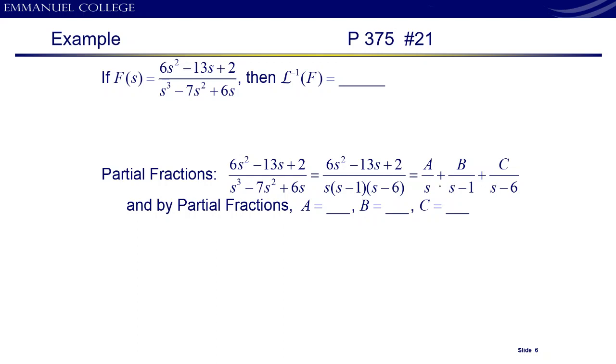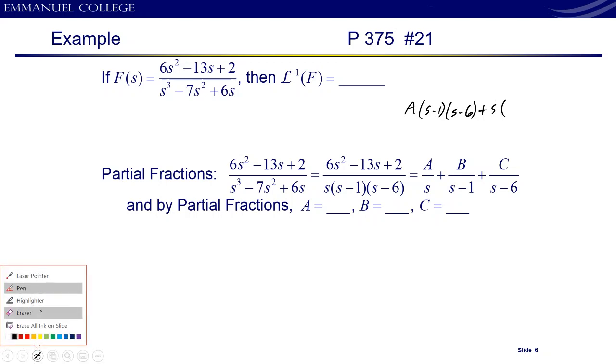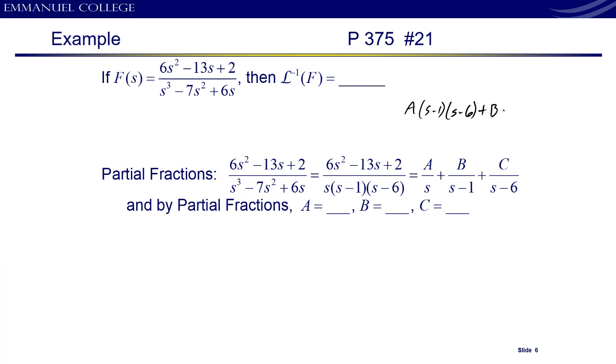And you notice if you were to get a common denominator, what you would end up with is a times s minus 1, s minus 6, plus b times s minus 6, plus c times s minus 1.